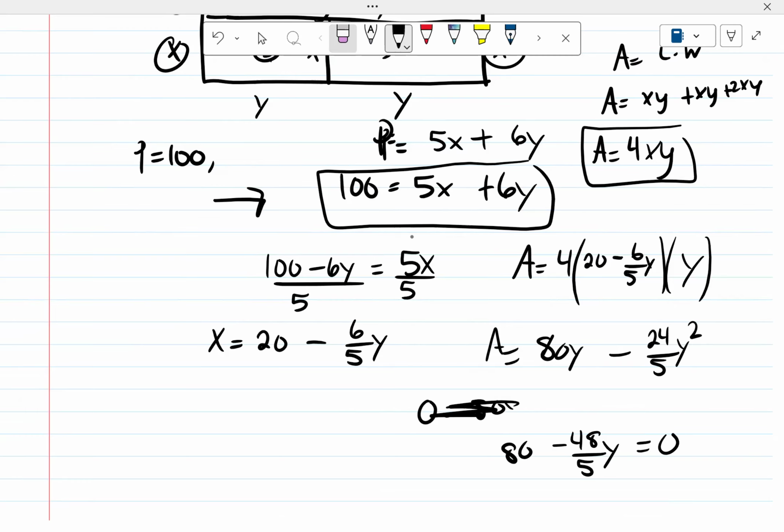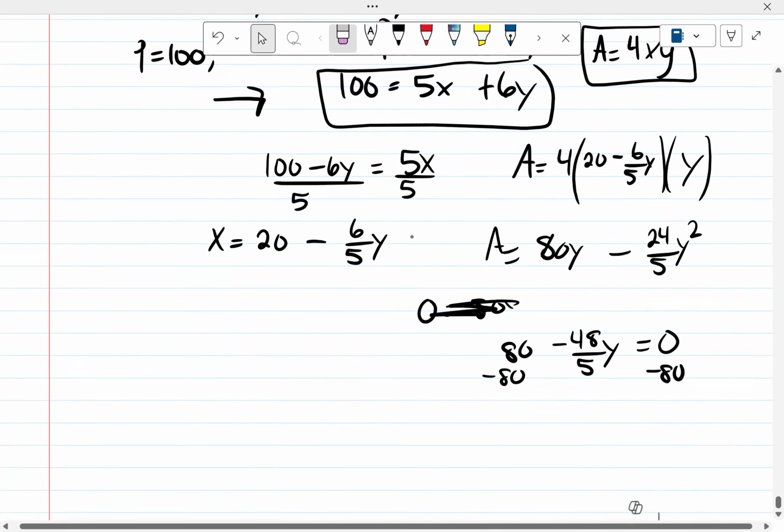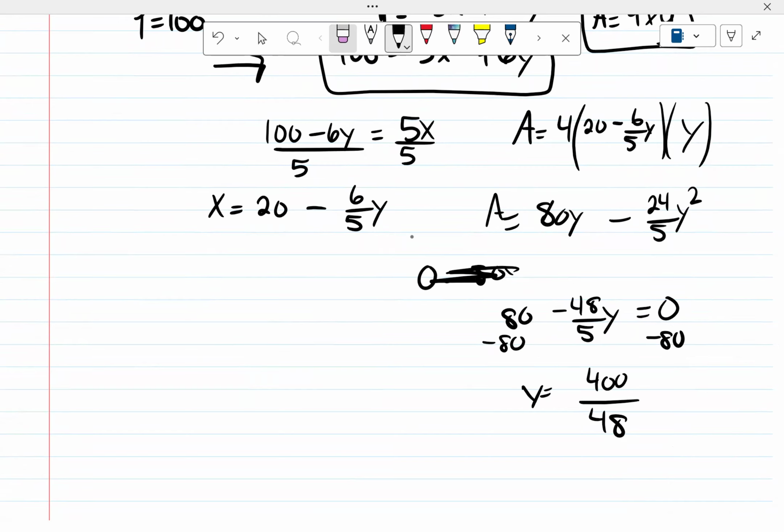We're going to set that to 0. And then I'm going to subtract 80. When you solve for y, you get y equals 400 over 48. Now, how do you solve for x? Wait, what are they asking? They're only asking for y, so that is your final answer.